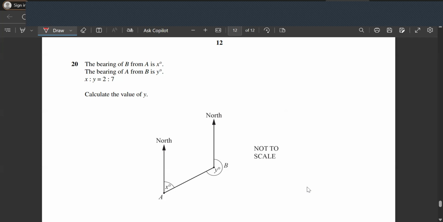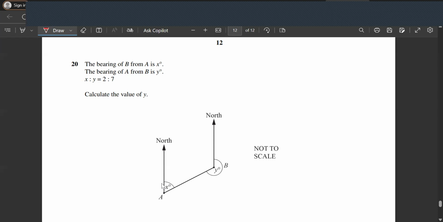Is it the first step, like 360 minus bracket 180 minus x? Yes, I can do this. Correct. And also, I can use what we just said. We said that if X is smaller than 180, what to do to get the other one?